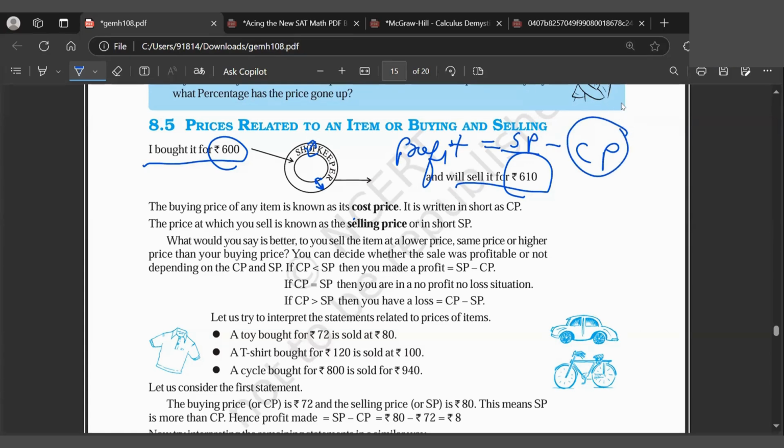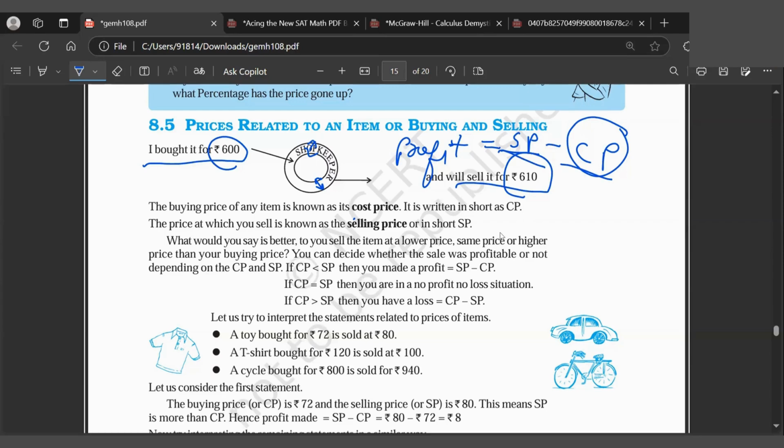Selling price is the price at which a shopkeeper sold, and cost price is what the shopkeeper bought it for, the buying price. So the difference between these two gives the profit.